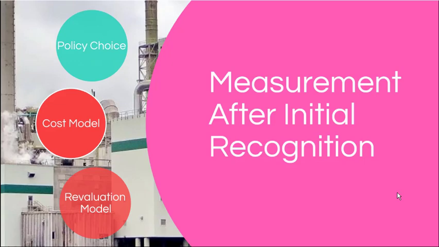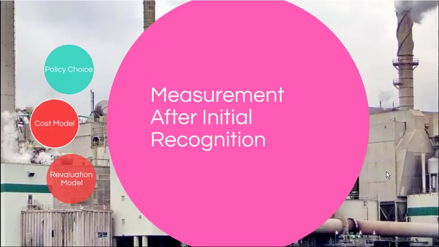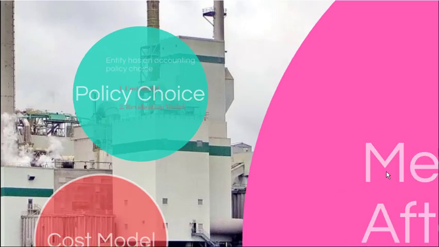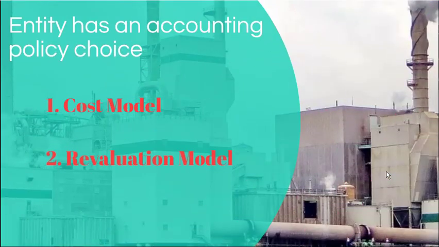When it comes to measuring property, plant and equipment at reporting dates, an entity has a policy choice. An entity can adopt either the cost model or the revaluation model to measure PPE at reporting dates.